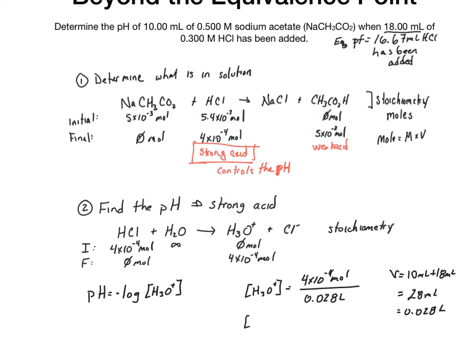And so my concentration of H3O plus is equal to 0.0143 molar, and my pH is equal to 1.84. This makes sense because I have a strong acid in solution, and so the pH should be low.